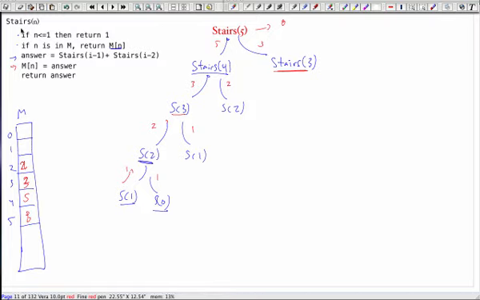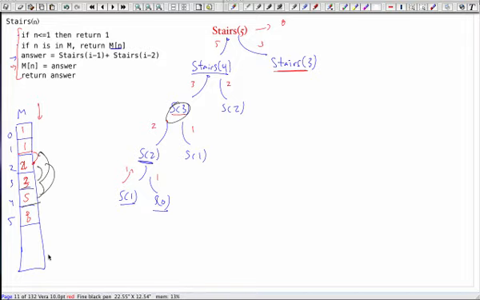But notice the way we filled out our memory: we started right here, and then we filled out this value, and then S3 depended on these last two values, so we filled out S3 at this spot. And S4 depended on these last two values, so once those were computed, we were able to compute S4.